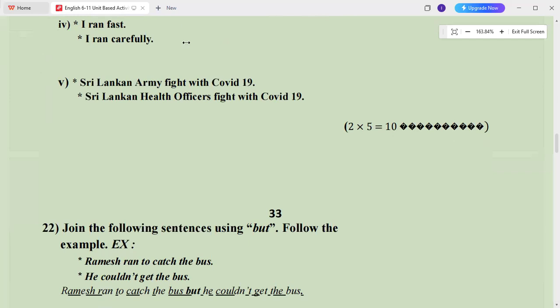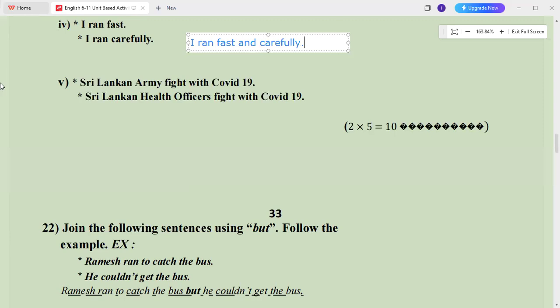So you can say this way, Puthe, I ran fast and carefully, right? I ran fast and carefully, right?